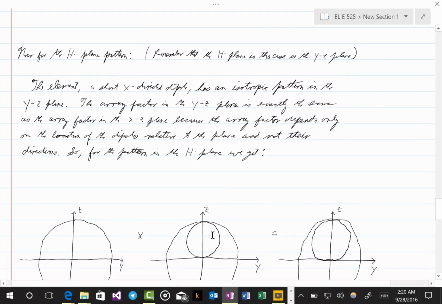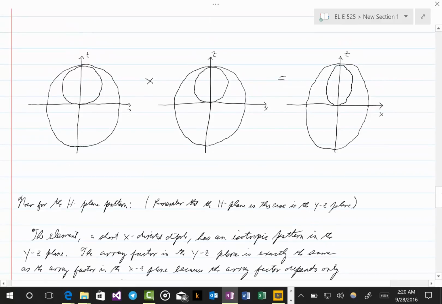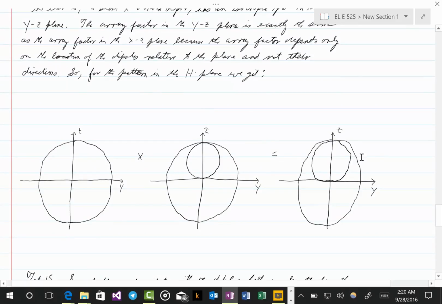The array factor here is exactly the same as the array factor here. Again, the array factor is the same for the E-plane and the H-plane in the case of the horizontal dipole. But now the element factor is different in those two, because for an x-directed, in other words, a horizontal dipole, when we look in the E-plane, in the XZ plane, we get this cosine theta variation, but in the YZ plane, we get an isotropic pattern.